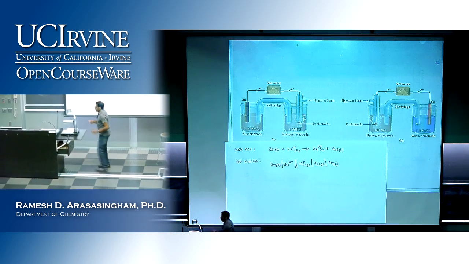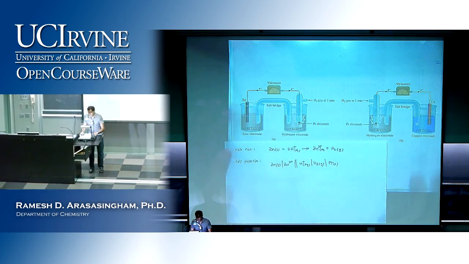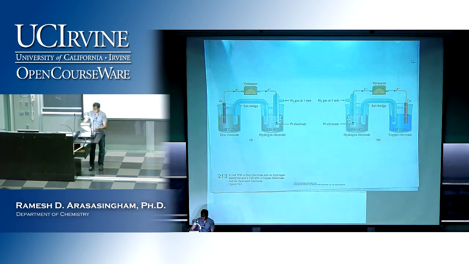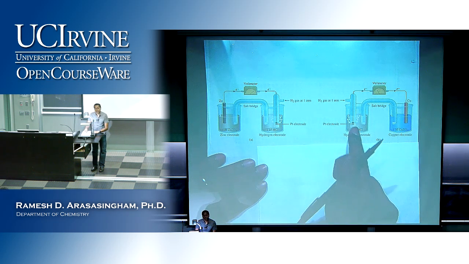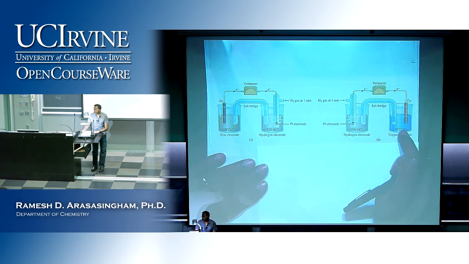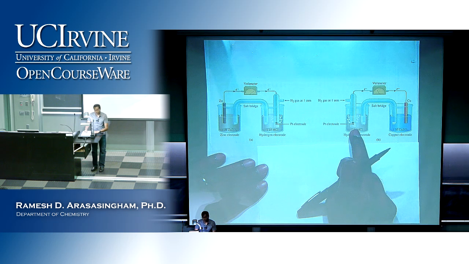Okay? Now, if I move on to this cell on this side, you can see that the hydrogen electrode is the anode and the copper electrode is the cathode. All right, so this is the site of the oxidation.